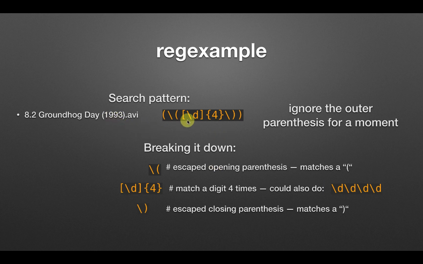Or you could say /d with a bracket and a 4 to say repeat that 4 times. I probably would just do this, the /d 4 times, unless I was dealing with something like 20 or 30 something, just because it feels better to me. And then we're going to have a closing parenthesis that we need to use the backslash to escape so it treats as a regular parenthesis.